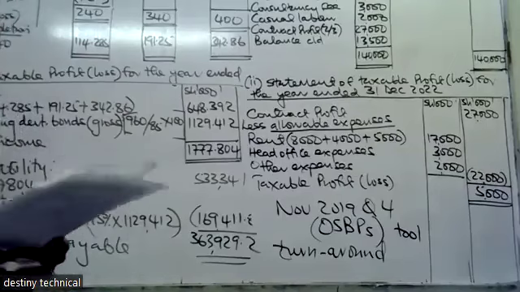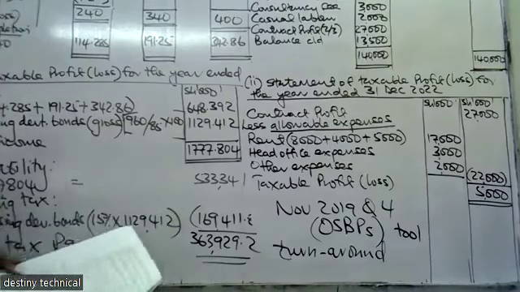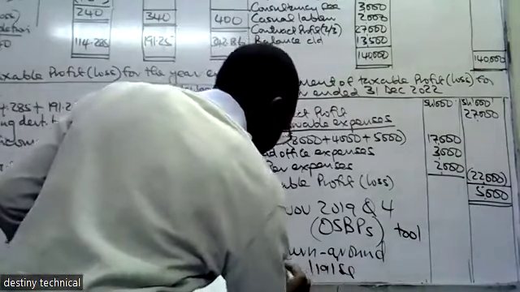Next function, to liaise. Liaise is L-I-A-I-S-E.